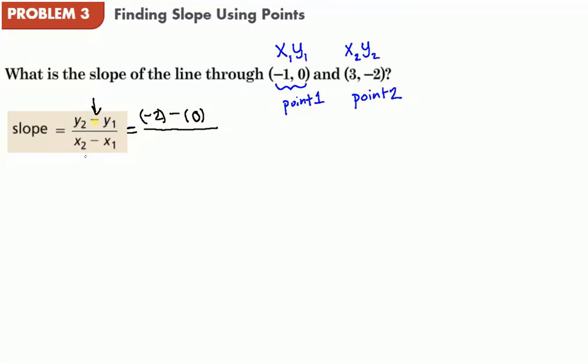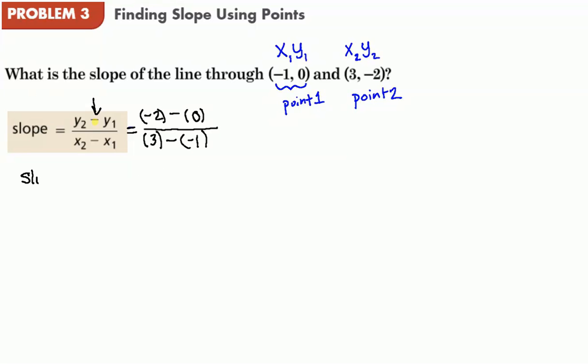For x2, x2 is going to be the value of 3. So we're going to go ahead and put 3 because that's our x2. And we're going to subtract the value of x1. x1 is a -1. So now we want to simplify this.